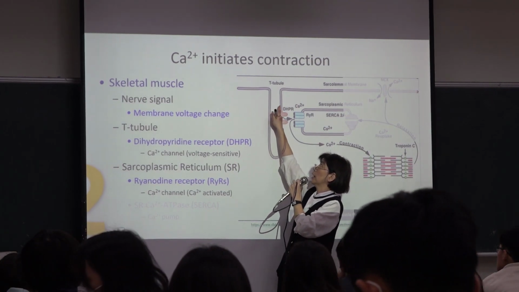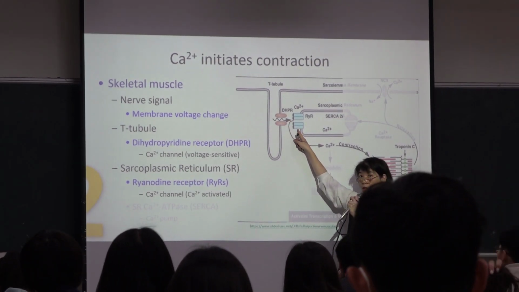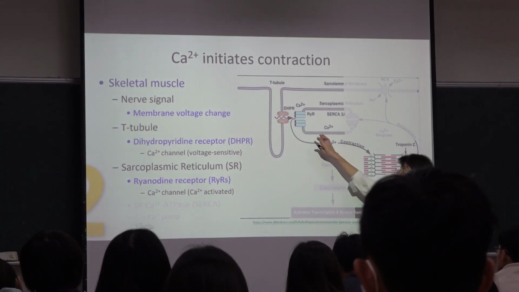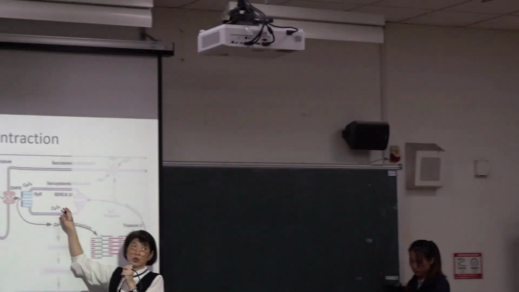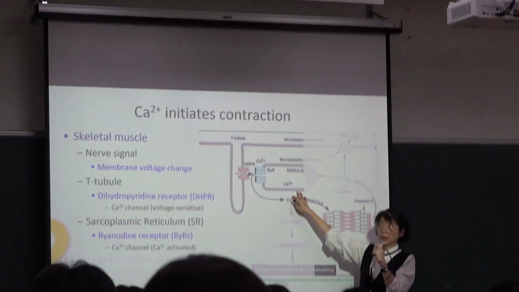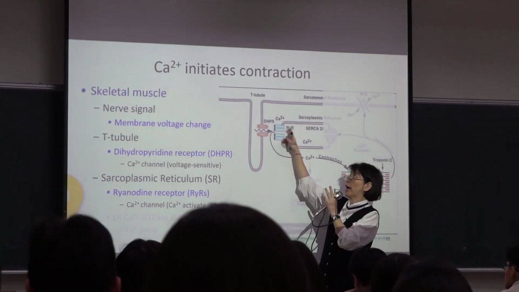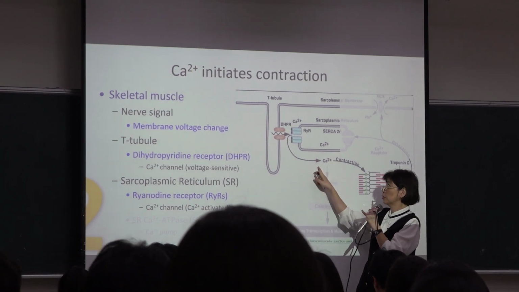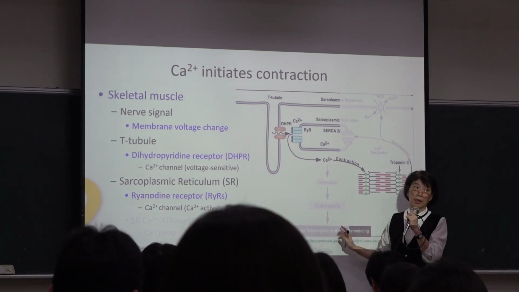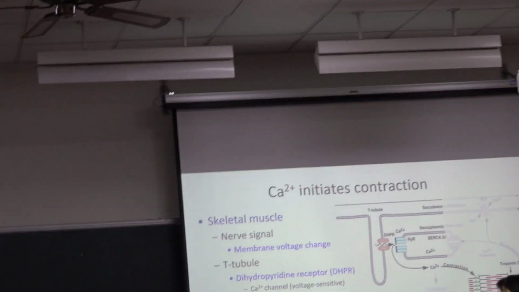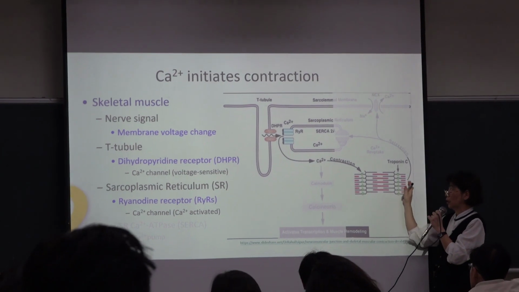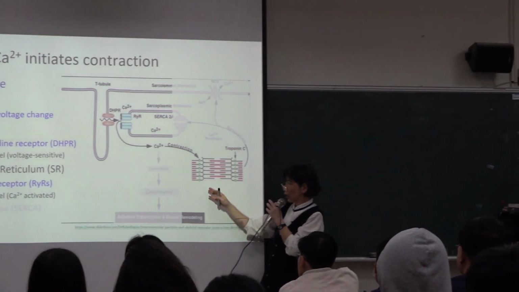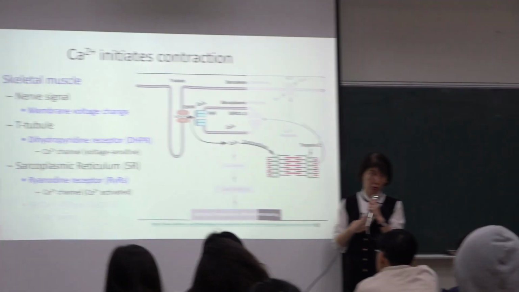So the calcium entering the cell binds to this channel and triggers it to open. All right, when this channel is open, then calcium stored in the SR, sarcoplasmic reticulum, will rush out to the cytoplasm. So then the concentration of calcium in the cytoplasm increases. All right, and then calcium binds to the troponin C in the sarcomere to initiate muscle contraction.